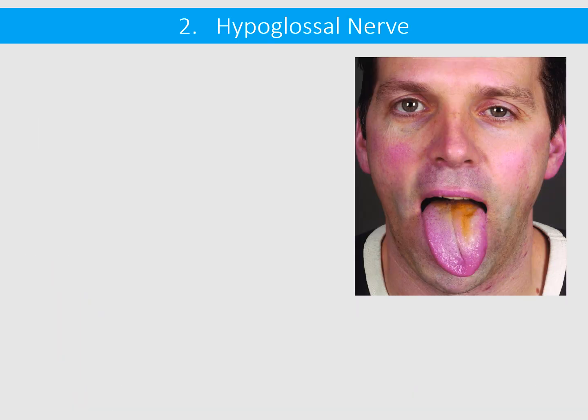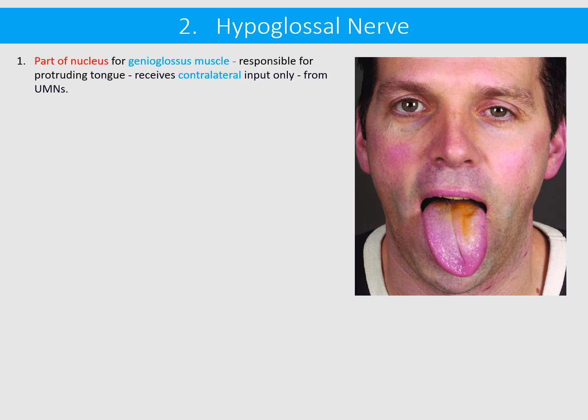In case of hypoglossal nerve, as we already know that number one, a small part of the nucleus for genioglossus muscle, which is responsible for protruding the tongue, receives contralateral input only from the upper motor neurons. Number two, the main part of the nucleus responsible for all other tongue muscles, both internal and external, receive bilateral input from the upper motor neurons.